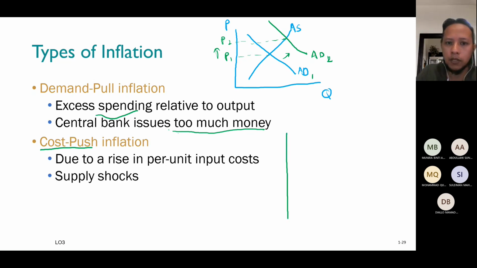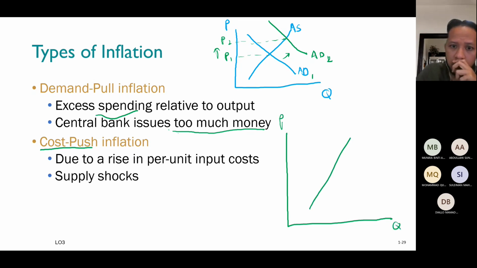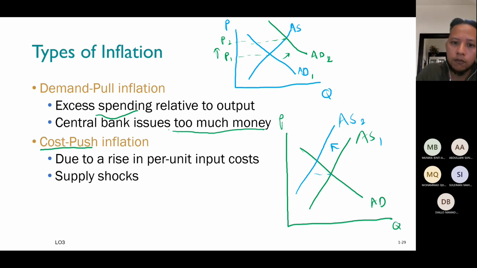The cost push inflation is related to supply. Okay, so price, quantity, we have the aggregate supply, we have the aggregate demand, and what happens is that aggregate supply reduces. Okay, so the price from here increases to here.